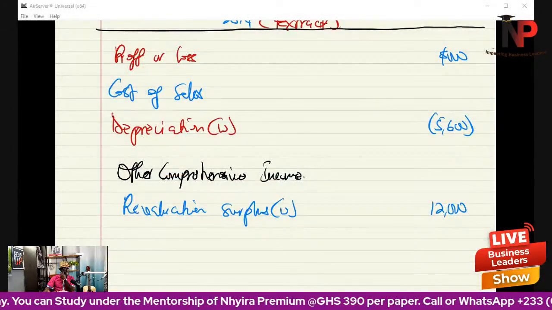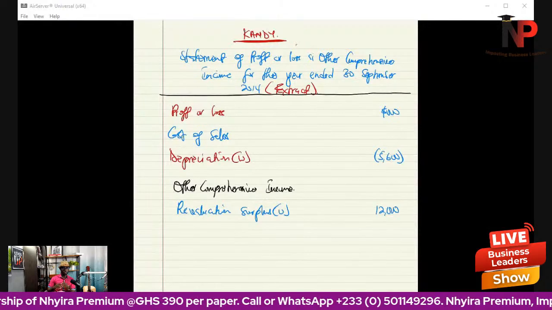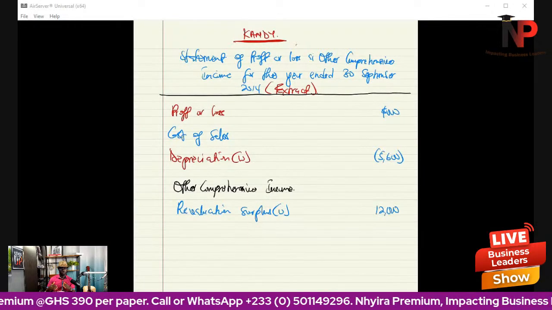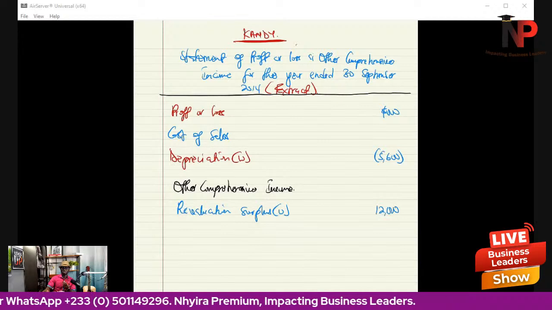So that is the idea about that. You have to be careful reading the questions and understanding the requirements, but most importantly, knowing how to present in the financial statement. The orderliness of the presentation is very crucial because it makes your work more presentable.